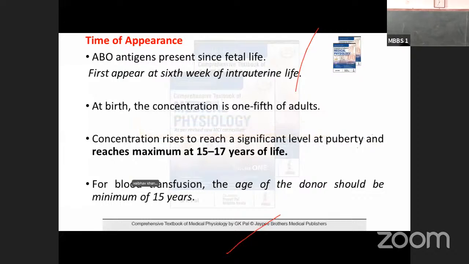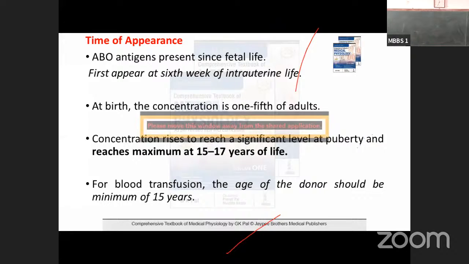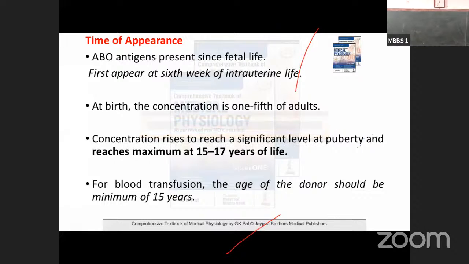So for blood transfusion, we choose a donor older than 18 years, because the antibodies are not fully concentrated before that. The appropriate age of the donor is at least 18 years, not less than 18 years. At birth the concentration is very low.